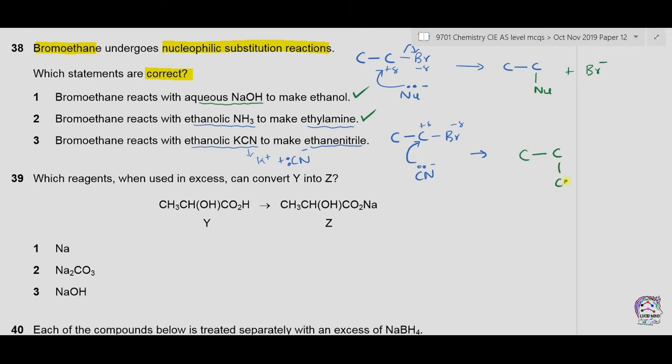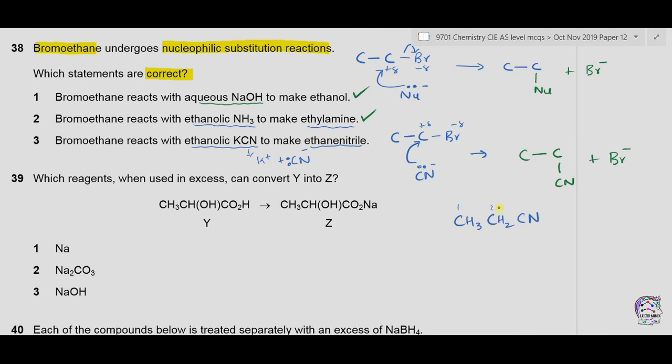We have CN attached to the carbon atom, and Br will be removed in the form of a negative ion. We can write this product as CH3, as there are 3 hydrogen atoms with this carbon, then CH2, as 2 hydrogen atoms are with this carbon, and then we have a triple bond between carbon and nitrogen, so it will be CN. Now let's name this compound.